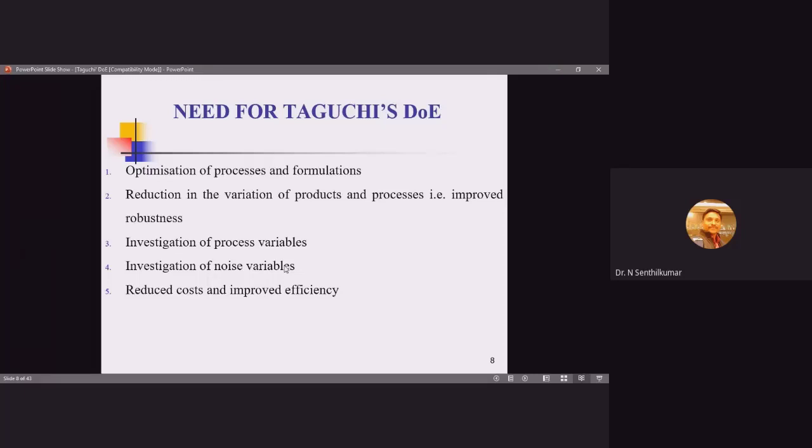That's the important thing, because with implementation of Taguchi's DOE, we are going to have a reduced number of experiments. So economically it will be good for us, because the costs associated with laborious experimentation will be reduced.